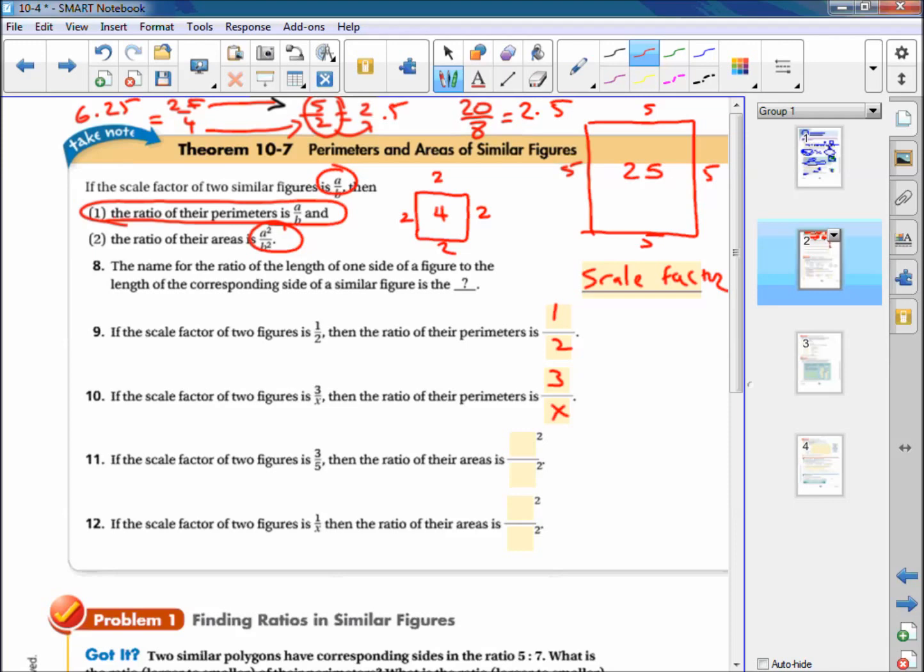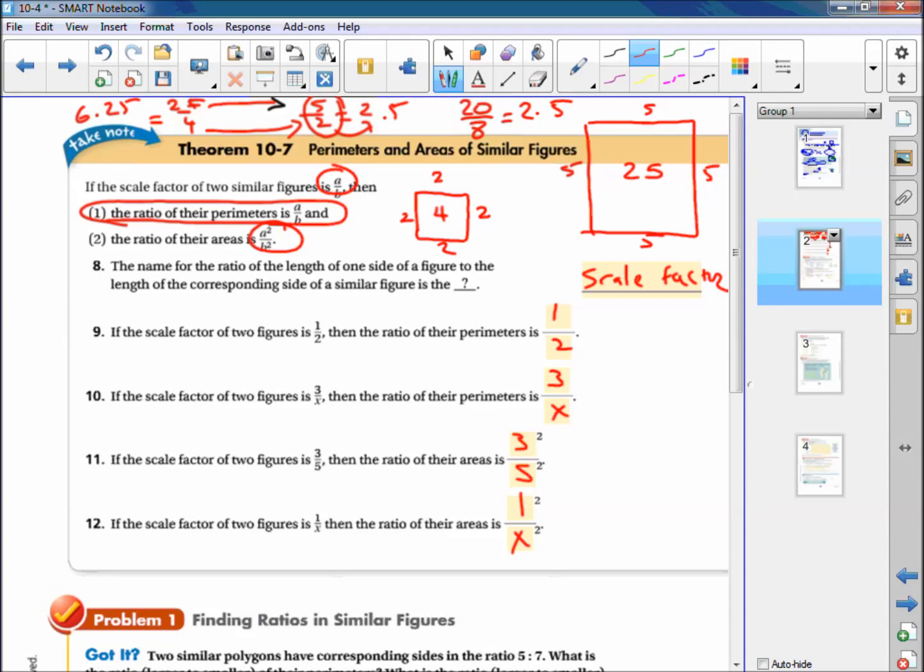But if you compare length measurements with area measurements, the scale factor has to be squared, okay? So if the scale factor of two figures is 3 to 5, then the area is going to be 3 squared to 5 squared. If the scale factor of two figures is 1 to x, then its area would be 1 squared to x squared.